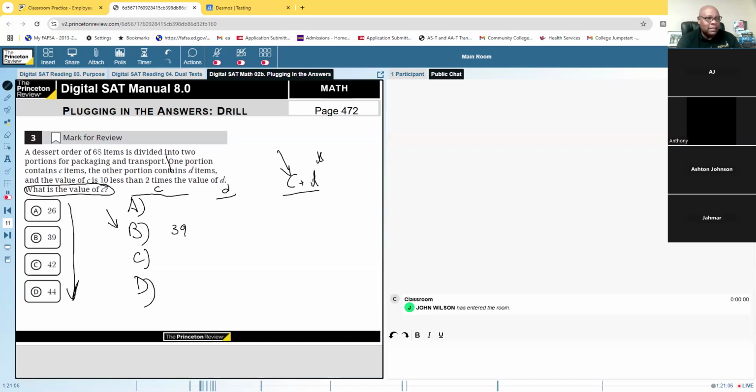It's 10 less than 2 times the value of D. So what did you say? Multiply by 2, then add 10. What do you multiply by 2? B. So what number is going to be greater? 39. Okay, so you multiply by 2, you get 78.